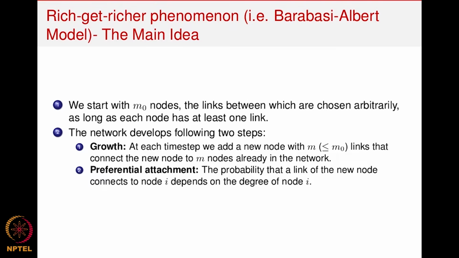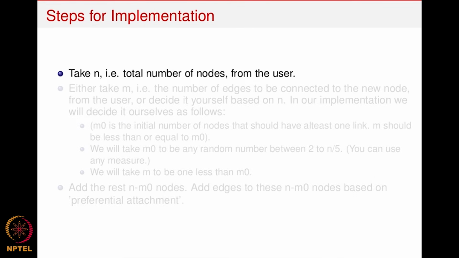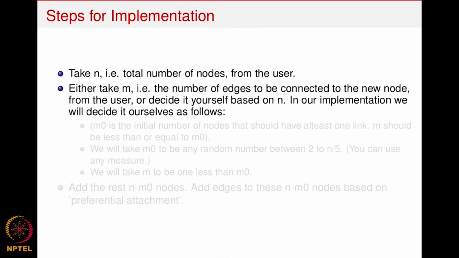Now let's look at the steps that we are going to follow for the implementation. So we're going to require the value of n, that is the total number of nodes in the network. We will take the value of n from the user. The other thing that we need is the value of m, that is the number of edges that every new node is going to get attached to.